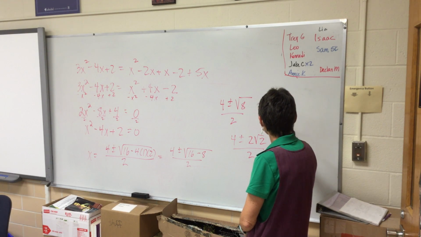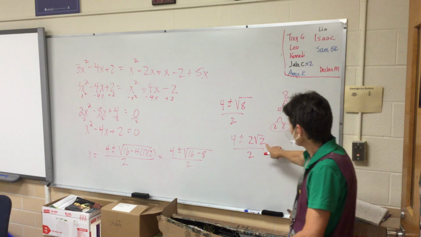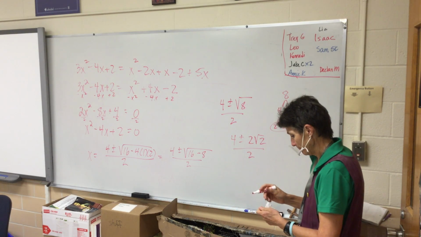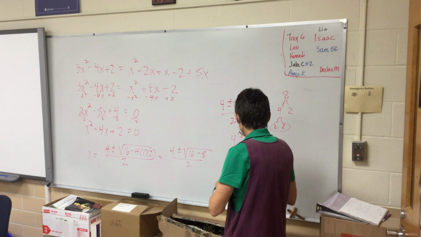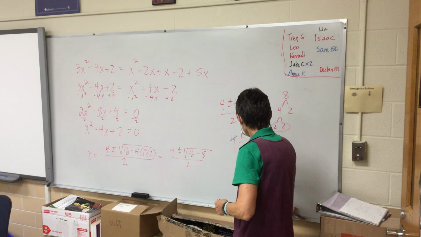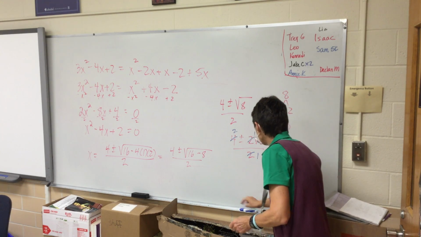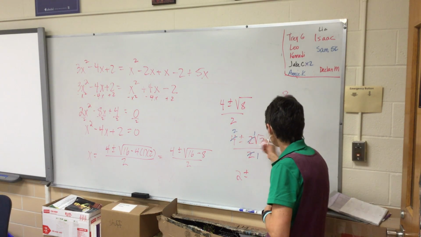Can you then do the divide by 2? So there's 2 2's. So that's why it's 2 root 2. And now can I cancel? Yeah. Now I can. So 1, 1, 2. So my answer ends up being 2 plus or minus root 2.